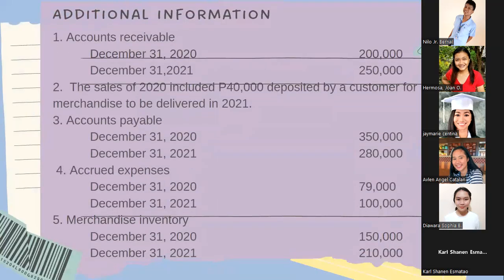Number 5, merchandise inventory, December 31, 2020, 150,000, December 31, 2021, 210,000. Our adjusting entry will be, next slide please.